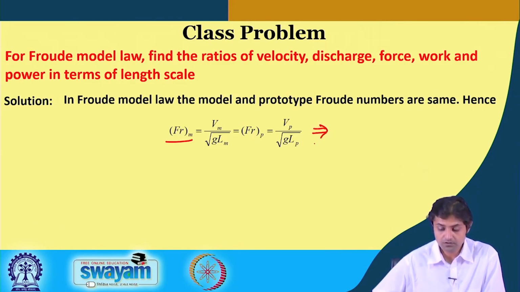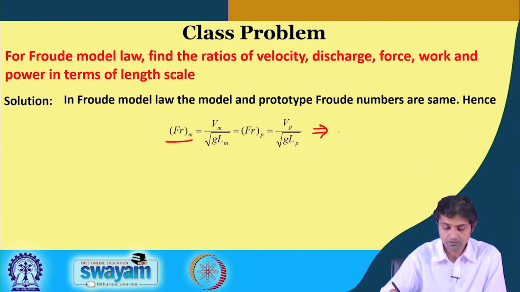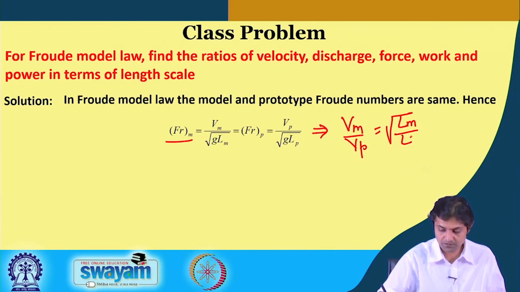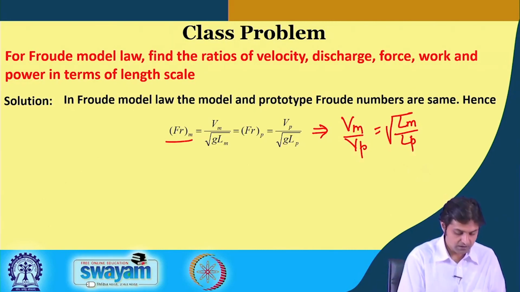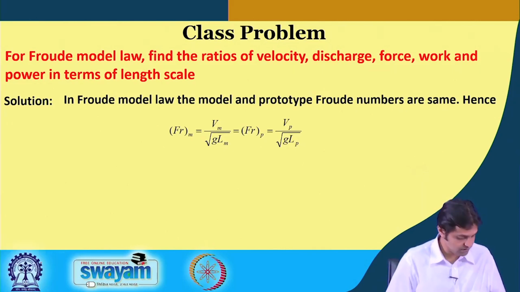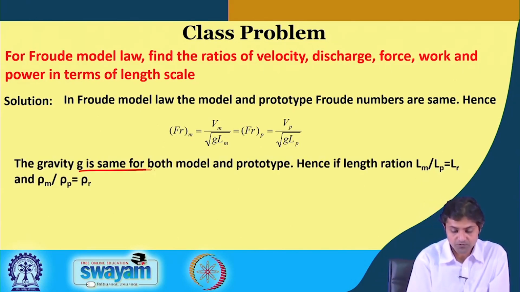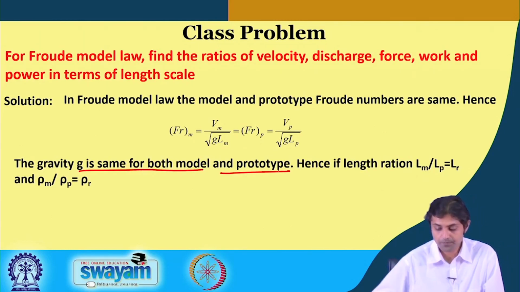So, if we bring it over, it will be Vm by Vp is equal to under root Lm by Lp. g will get cancelled, right? So, gravity g is same for both model and prototype.